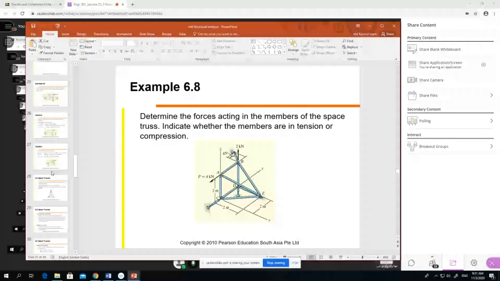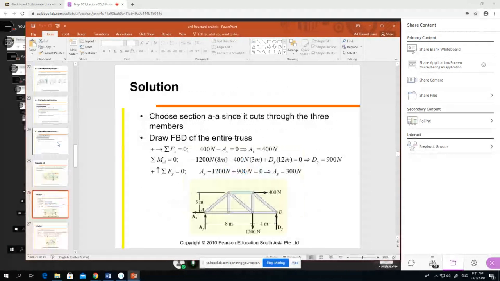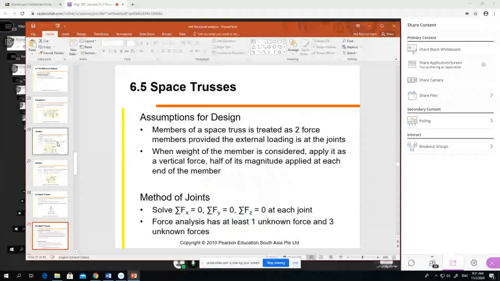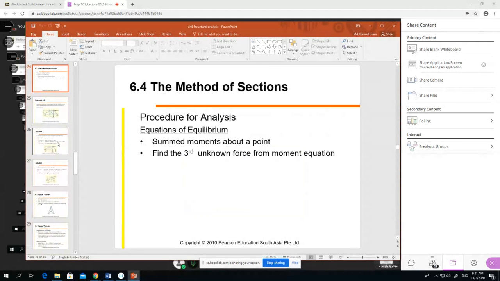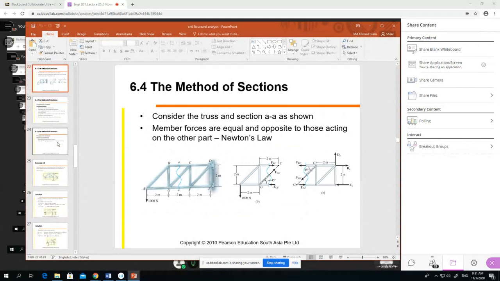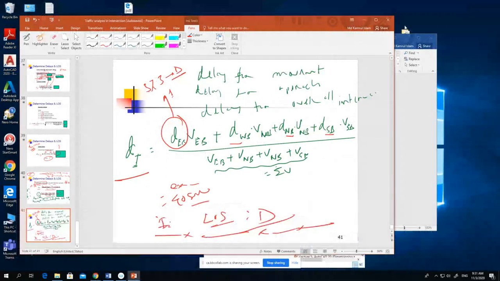So where we stopped last class is the method of section. We are doing an example, right? That is our example.